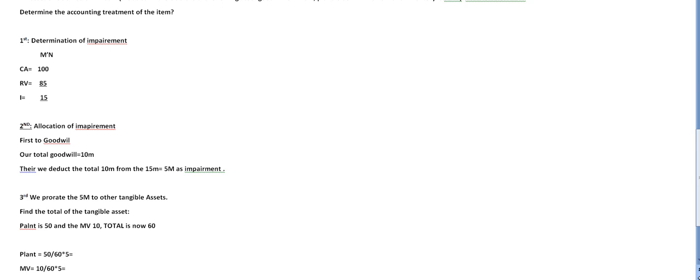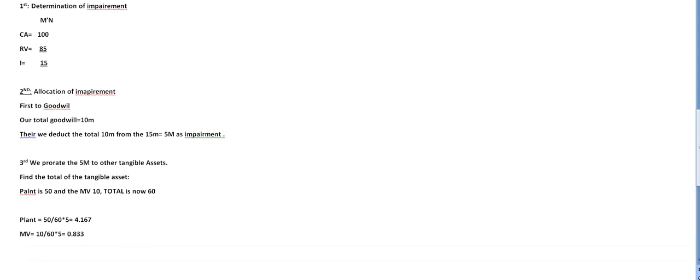Do your calculation. For plant, we have 4.167. And then motor vehicle is 0.833. The total should give us 5. So that is how to operate.